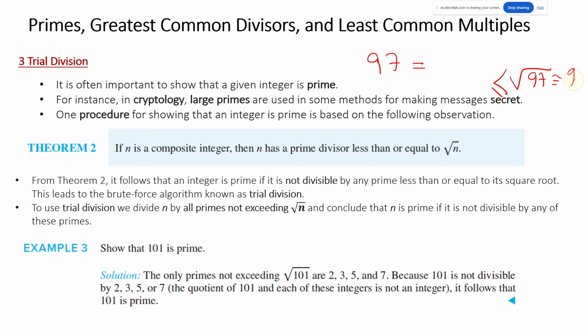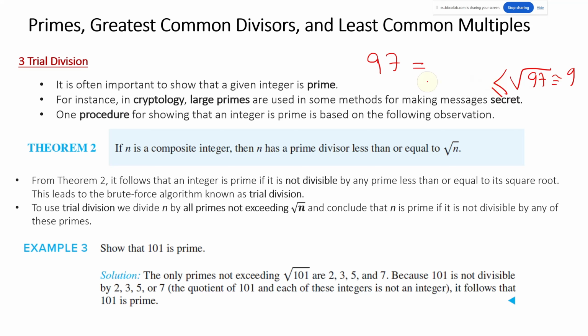Of course, 9 is not a prime, which means it's going to be 2, 3, 5, or 7. So how do we know that? Well, let's try. Can I divide this by 2? No. Can I divide it by 3? No. Can I divide it by 5? No. How about 7? If I divide 97 by 7, it's not going to give me no remainder. That means 97 is not composite.